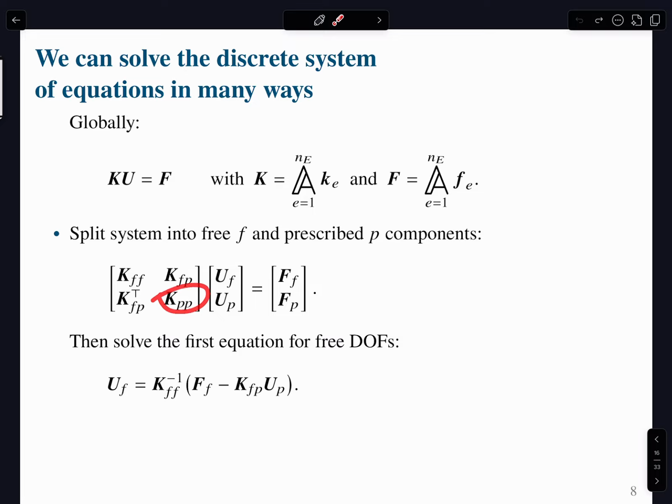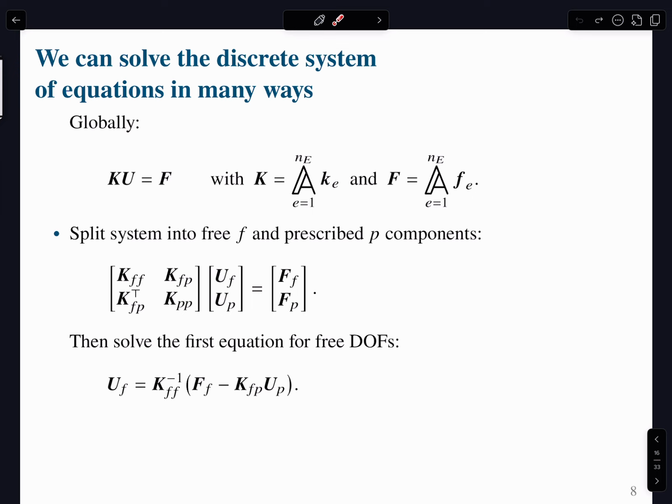And then you have the KPP part of the stiffness matrix that corresponds to those degrees of freedom that are prescribed. For instance, a prescribed degree of freedom would be the displacement directly zero boundary condition at the left end. So prescribed in this context means all my essential boundary conditions.